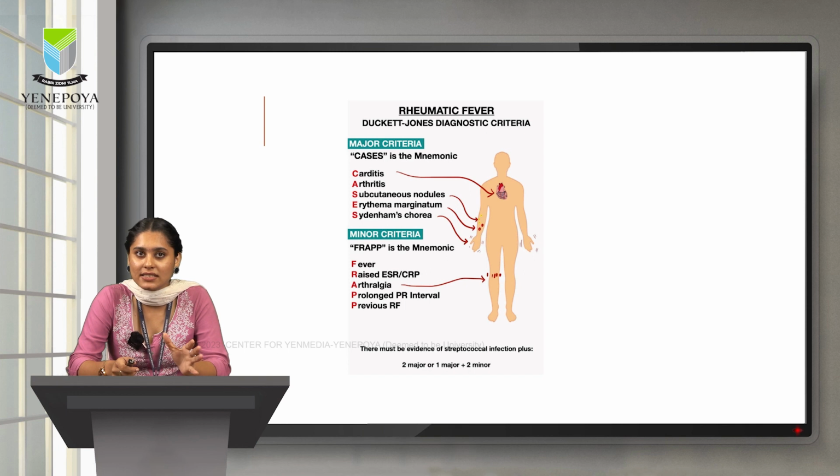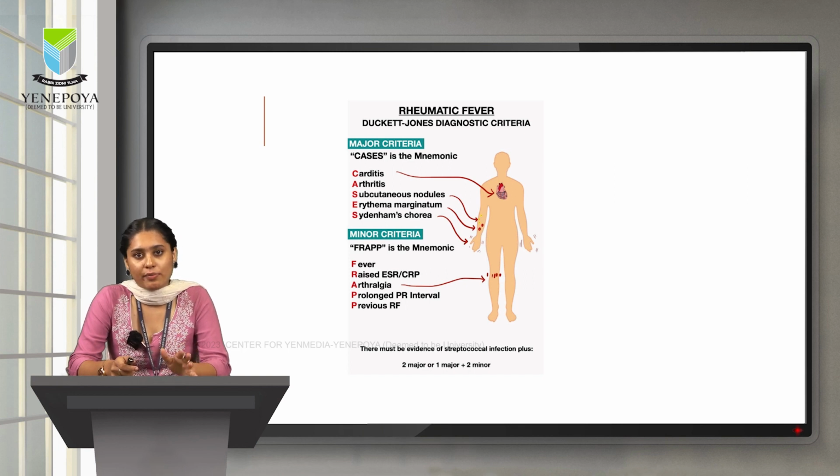So major means CASES, and minor criteria can be remembered as FRAP. F is fever, R is raised ESR or CRP, A is arthralgia, P for prolonged PR interval and P for a previous history of rheumatic fever.